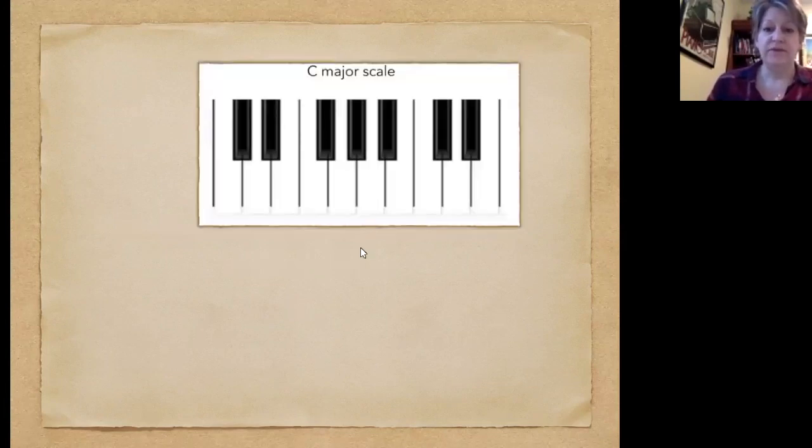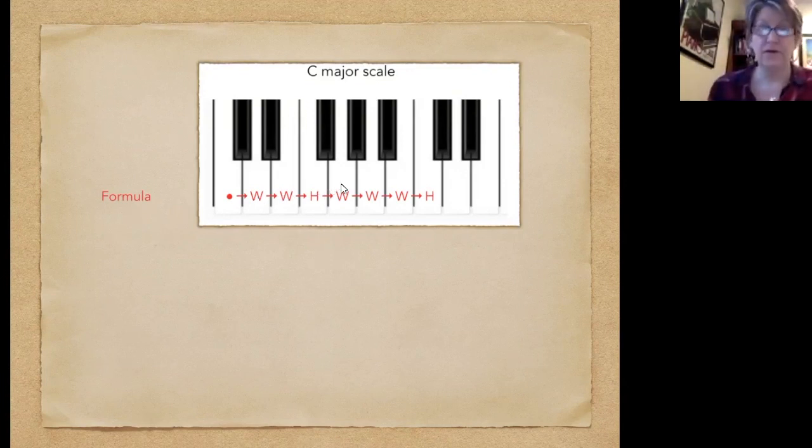So let's look at what that means for anybody that might not be real comfortable with this yet. Here's a keyboard and here's the formula. Here's our starting note on C. From C, we go up a whole step to D. Up a whole step is E. Up a half step, whole step, whole step, whole step, half step.